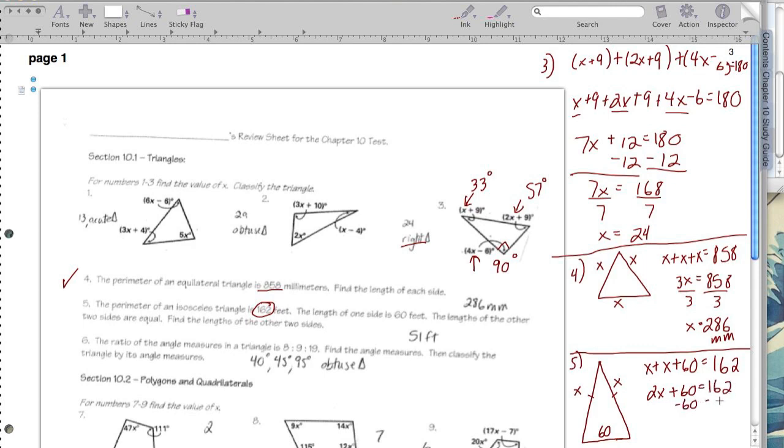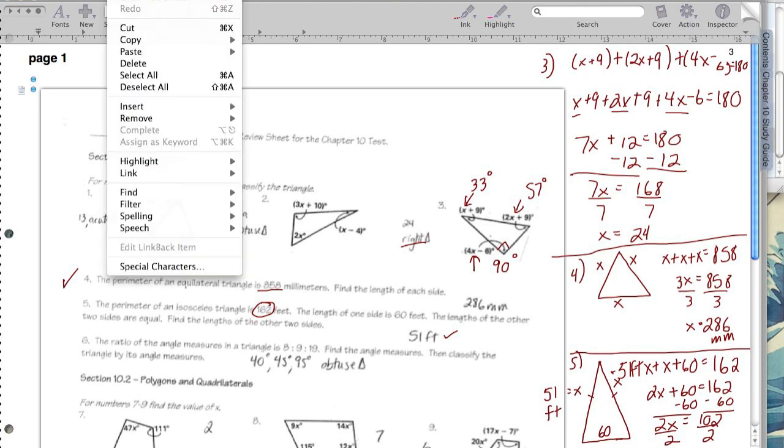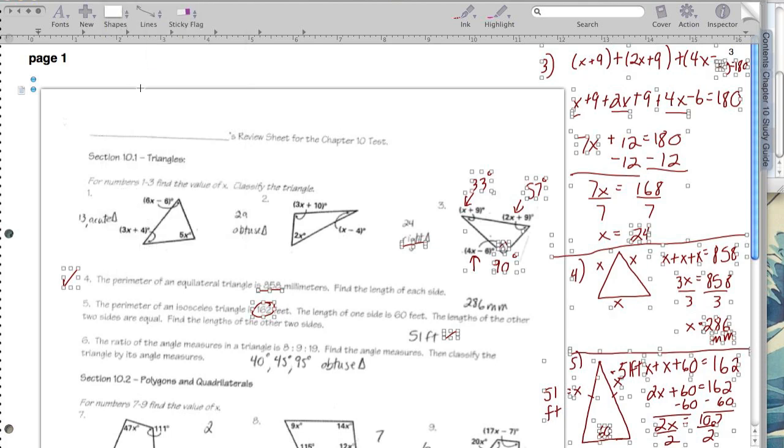I'm going to subtract 60 on both sides. I get 2x is equal to 102. I'm going to divide by 2 on both sides, and I find that x is equal to 51, and these were feet. So x is 51 feet. And that's the answer we have here. So we're good. Okay, let's clear out our work again.